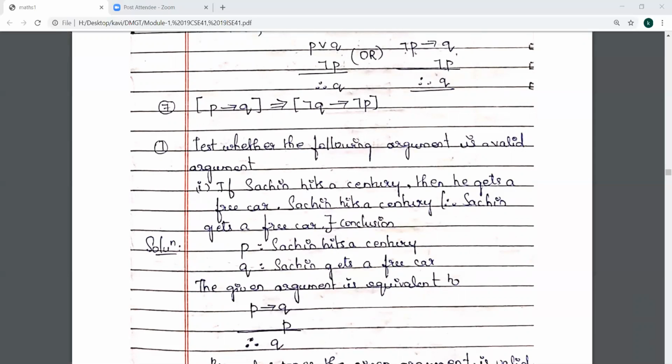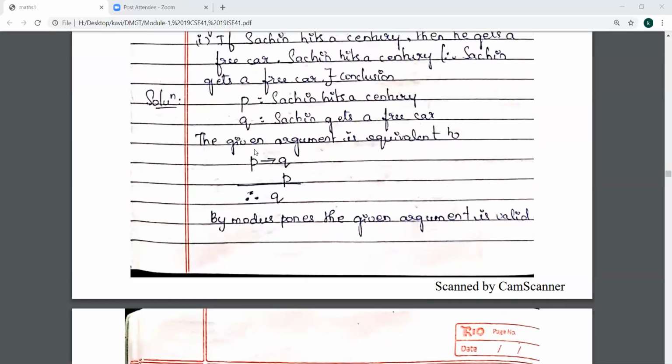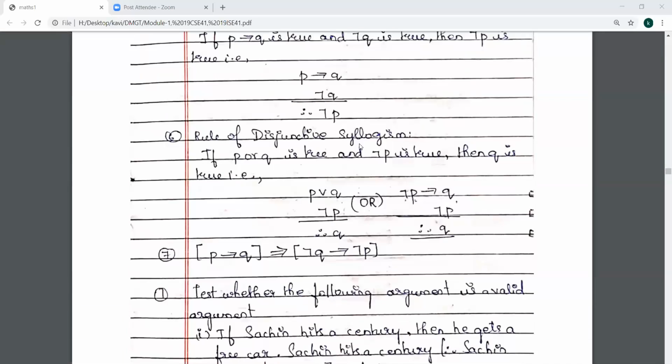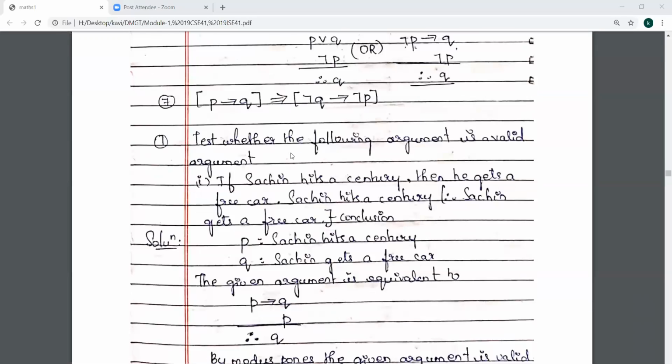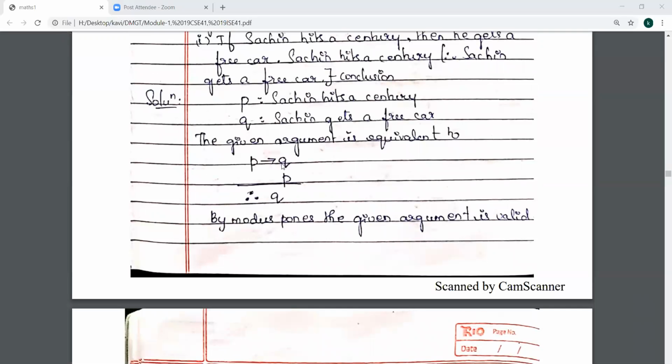But in the conclusion, I want Q. So what rule you have to apply? Modus ponens. See, we have already studied modus ponens: P implies Q and P, therefore Q. So here also we have the same statement. P implies Q and P, so the P will go, we will get Q as a conclusion. So therefore by modus ponens, the given argument is valid.